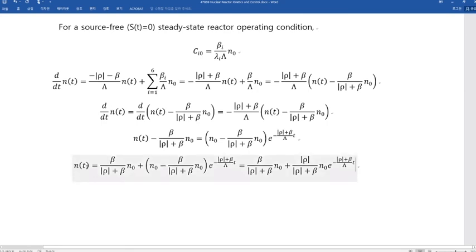So what you can see is that we have some initial value. Of course, n(t) starts from n0, and then it gradually approaches some value because this exponential term will disappear as t increases.